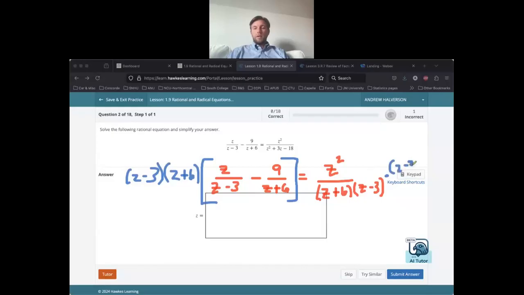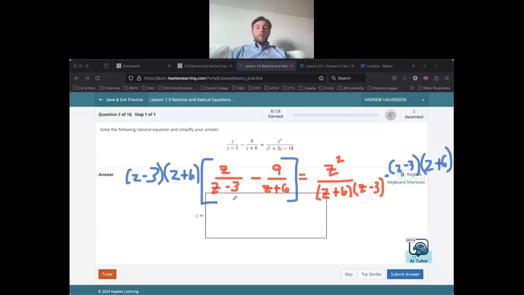z minus 3. It's supposed to be a z, not a 2, but my handwriting is so poor that it looks the same. So you multiply that to both sides. Let me pause here. Do you all see how I got this thing over here of z minus 3 times z plus 6? Any questions on that? We had to first factor the denominator up here, and then take one of everything from the bottom.